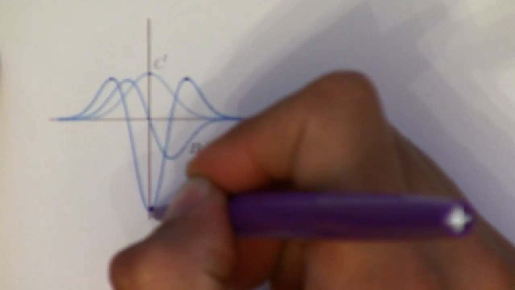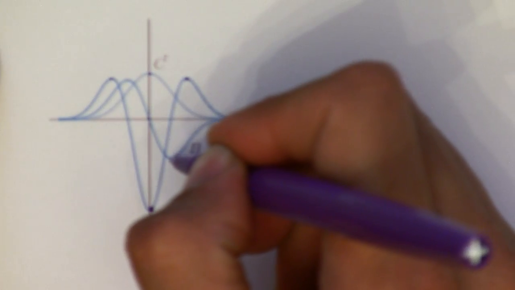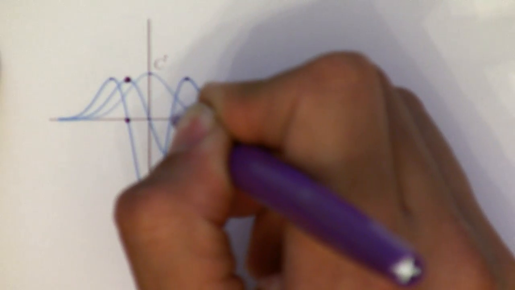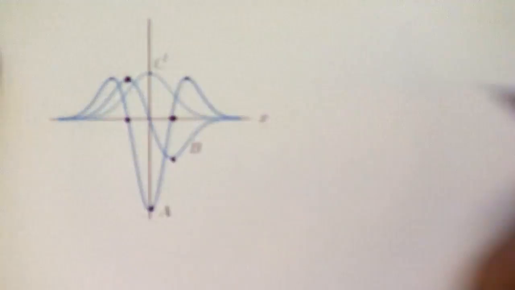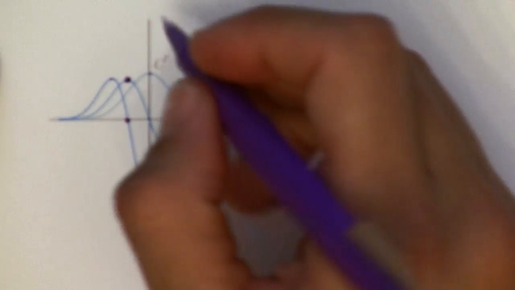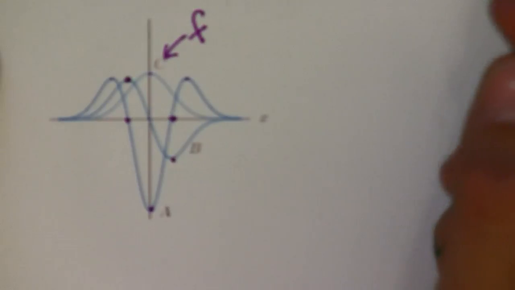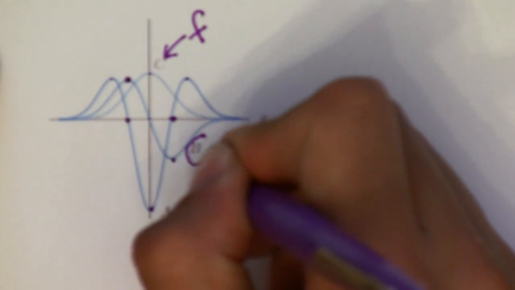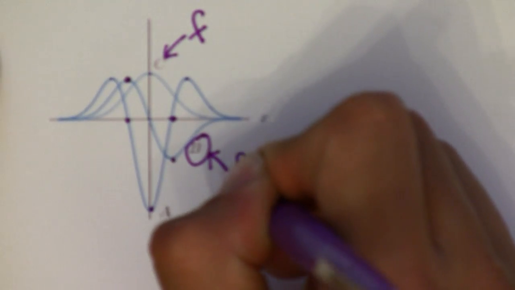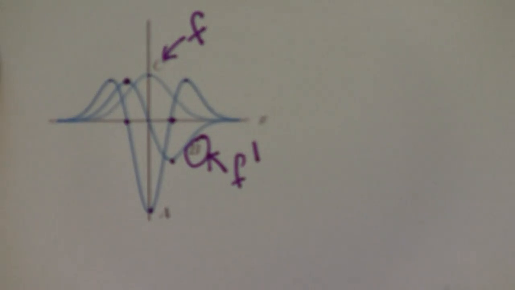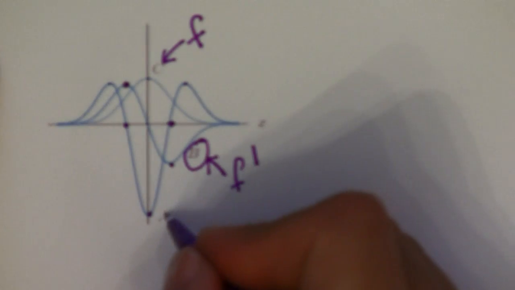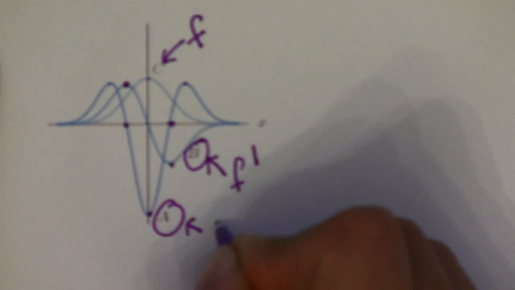Now let's see if A is the derivative of B. Well, B has a flat spot here and here, and then A is equal to 0 here and here. And so those match up. So that means C would be the original function, B would be the first derivative, and then A would be the second derivative.